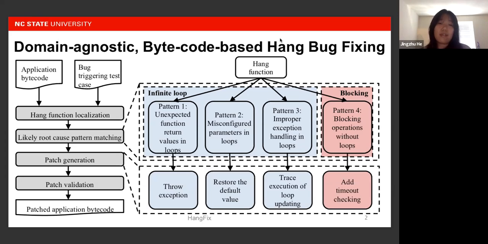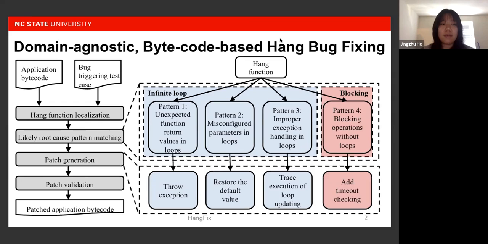Currently, we target 4 likely root cause patterns: the unexpected function return values in loops, misconfigured parameters in loops, improper exception handling in loops, and blocking operations without any loops. The first 3 patterns are related to infinite loops, and the last one is related to blocking operations.